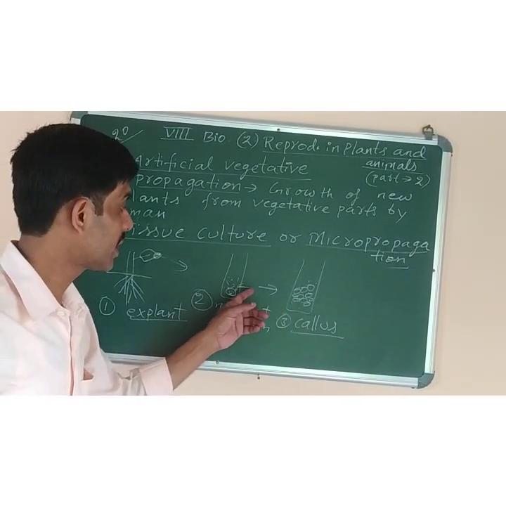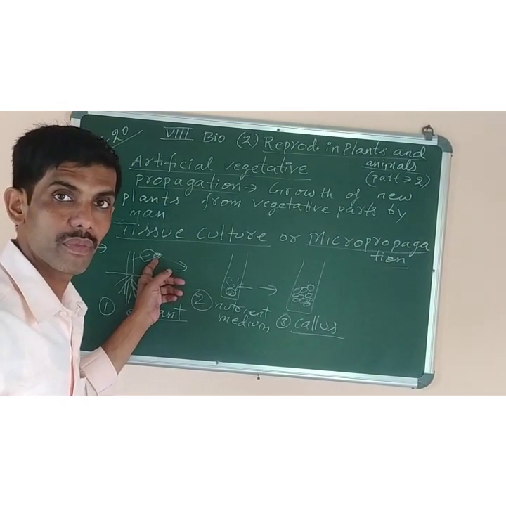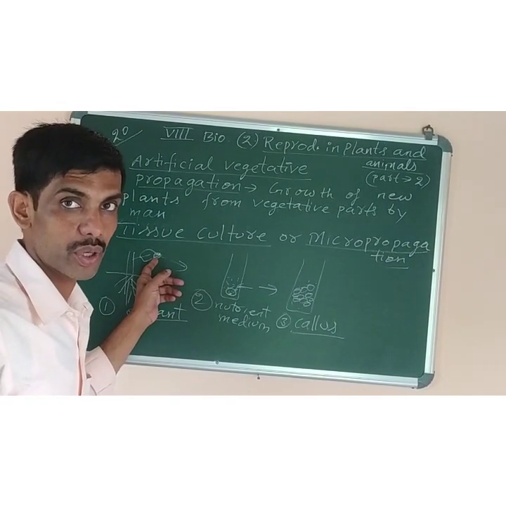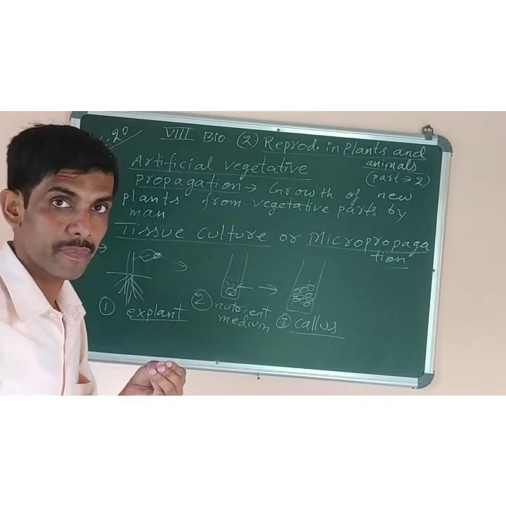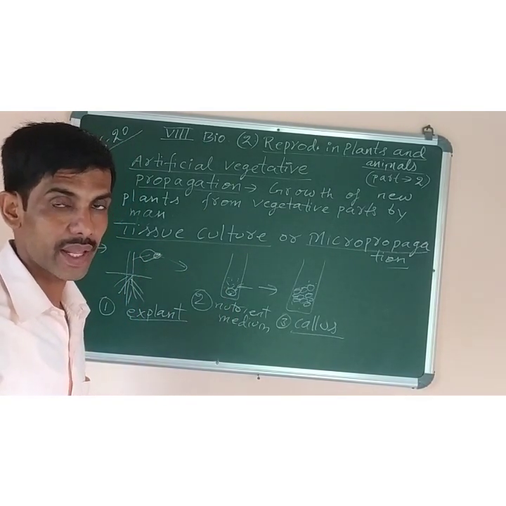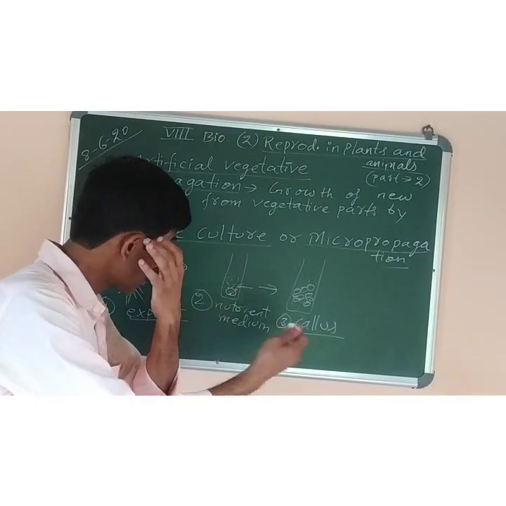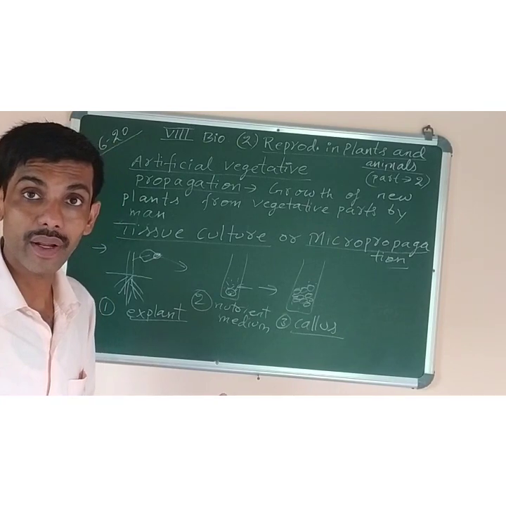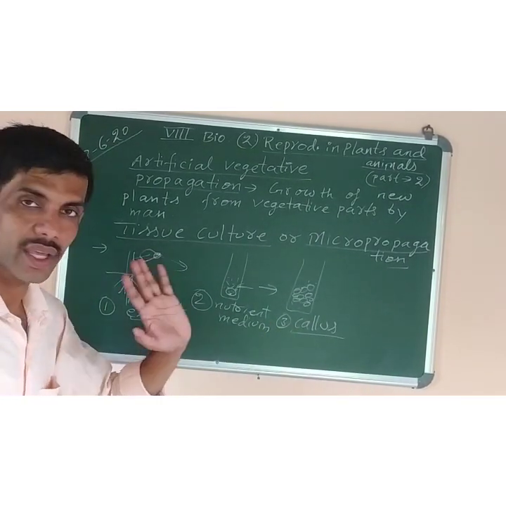They are produced by the division of the cells obtained from the growing tips or growing parts of the plant, which were kept in a nutrient medium. Because they got the food, now they started division. Like generally all living cells divide. So this is also a living cell, it also undergoes division, it will increase in number and form a mass or a group of cells that is called callus.